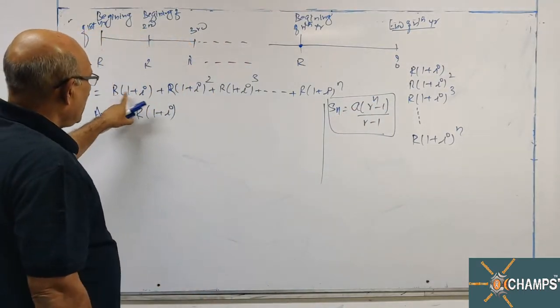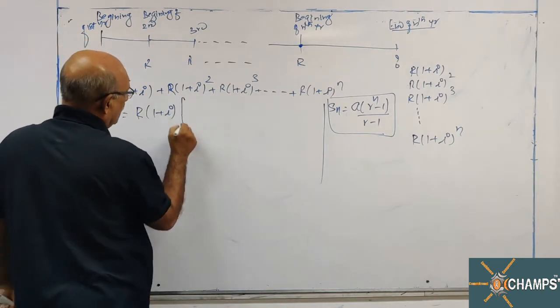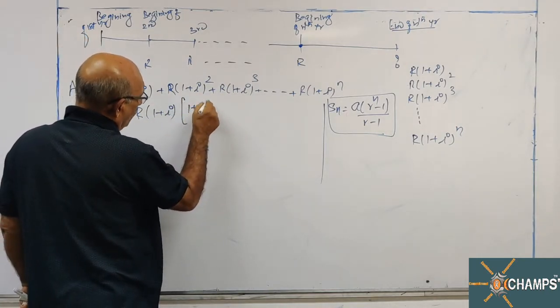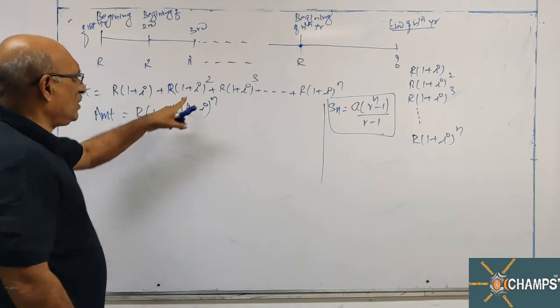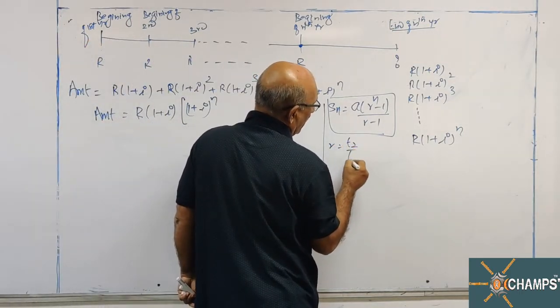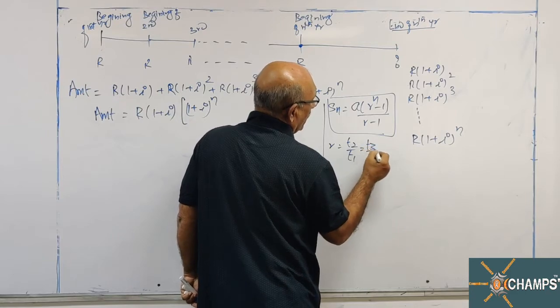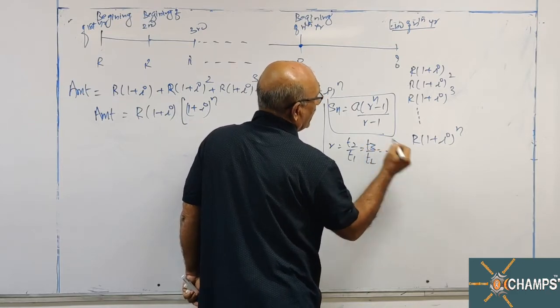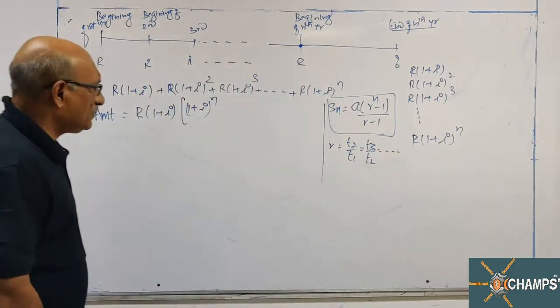First term is R into (1 plus I), (1 plus I) whole power n, common ratio is equal to 1 plus I. How can I get the common ratio? Second term divided by first term is equal to third term divided by second term, etc. This way it is going on.